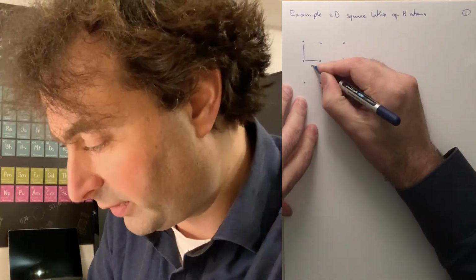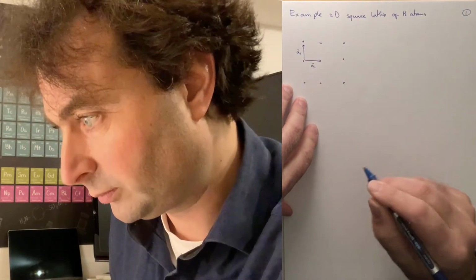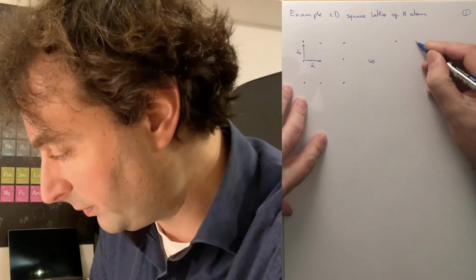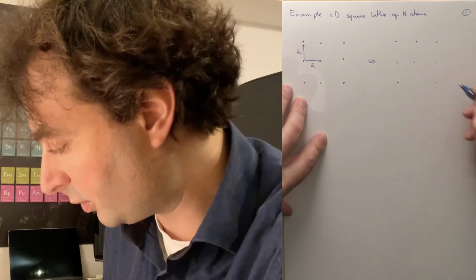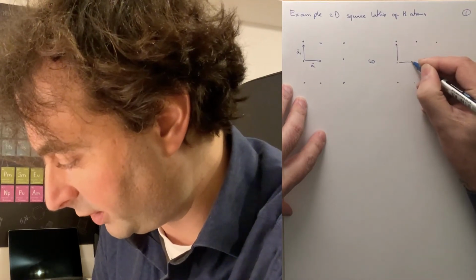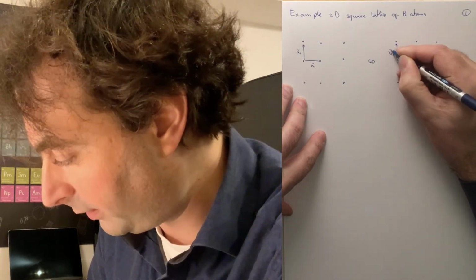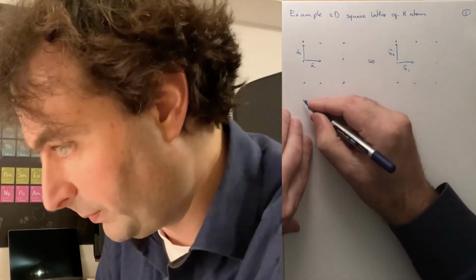square lattice where we have lattice vectors a1 and a2. With that we can generate a reciprocal lattice, which is also square. It's not always the case that the real space and the reciprocal lattice have the same symmetry, but for the simple cubic it definitely is, and we have our reciprocal lattice vectors b1 and b2.